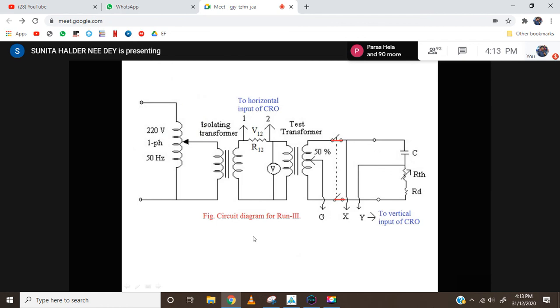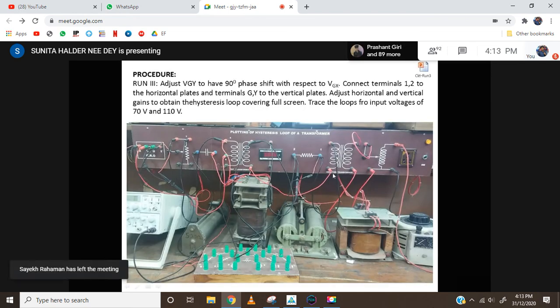So what will be the circuit now? The circuit is the same as run 2, only the oscilloscope input changes. Now we shall give VGY to the vertical input of the CRO and V12 to the horizontal input of the CRO. Then this is the circuit.